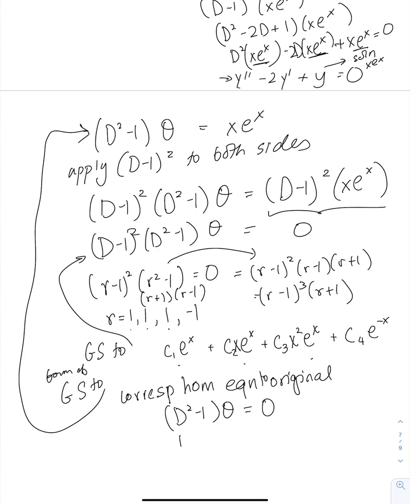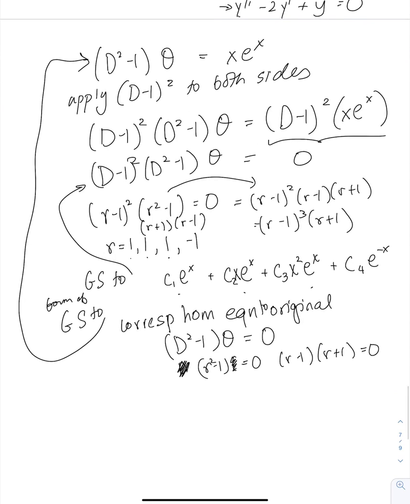What solves this? You have r squared minus 1 equals 0, which is r minus 1 times r plus 1 equals 0. So what solves the corresponding homogeneous equation to the original is e to the x and e to the minus x.